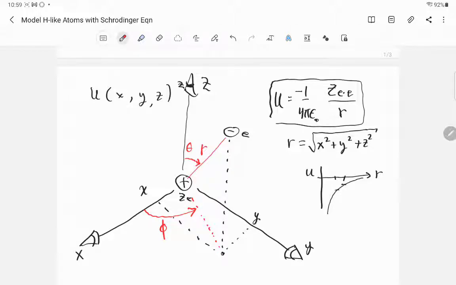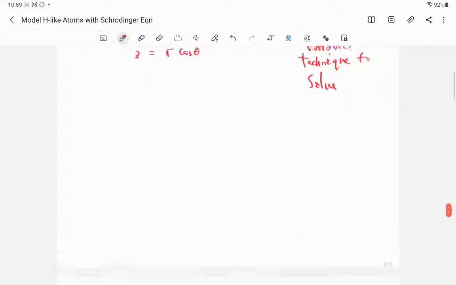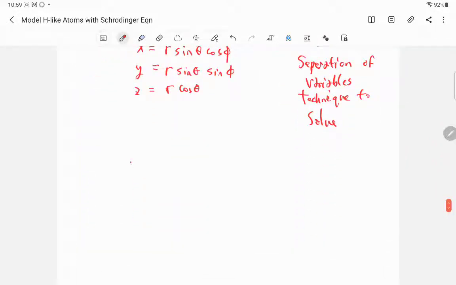So in the next video, I'm going to show you what the solutions to Schrodinger's equation look like. That is, I'm going to address the wave functions themselves. What we're going to see is that the wave function psi is going to come with actually three different quantum numbers. It's got the quantum number n, which is the energy level quantum number.